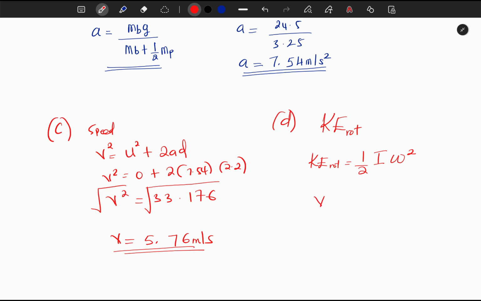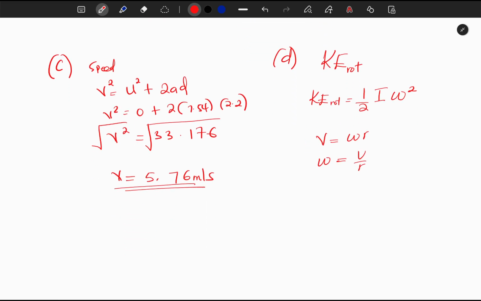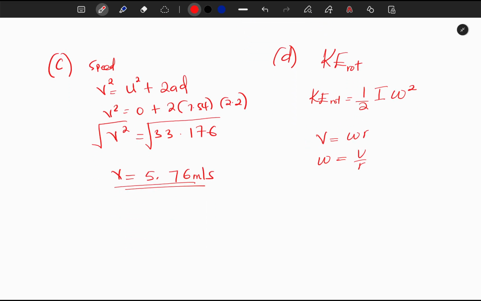And we know that the relationship between the linear component of velocity and the angular one is V is equal to omega R, meaning our angular velocity is just V over R. So if I replace it there, and we already know the moment of inertia, I. So this one I'm going to replace there. But it's being squared. So if I square this one, I'll be having V squared over R squared.